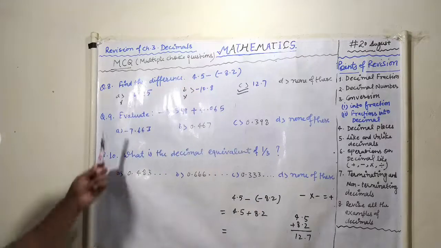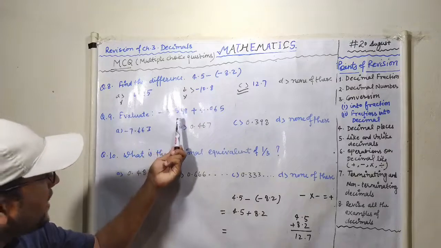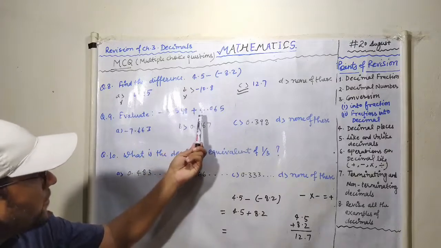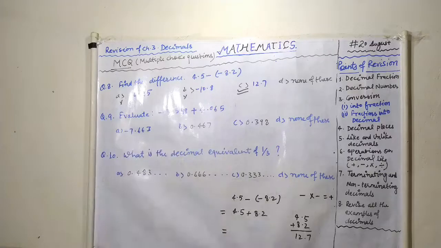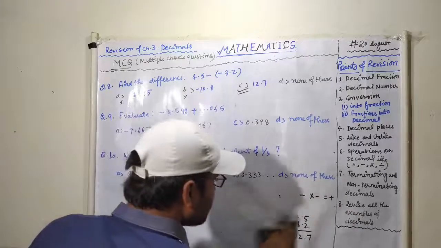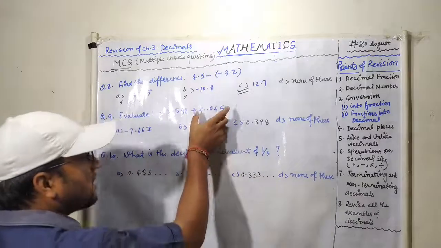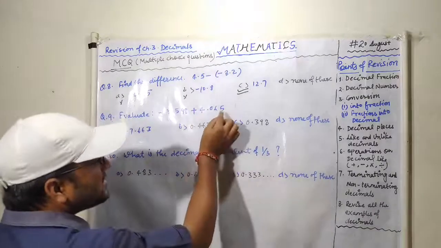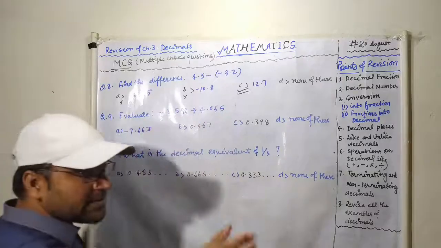Now question number 9. Evaluate minus 3.598 plus 4.065. It is also a simplification, students. Addition, subtraction. So see this one, 4.065 is greater than 3.598, and students, you should always remember this.